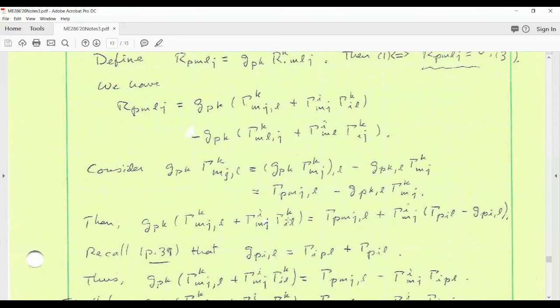This combination then is just this. Let's see, so I have a gamma_IMJ, KIL.